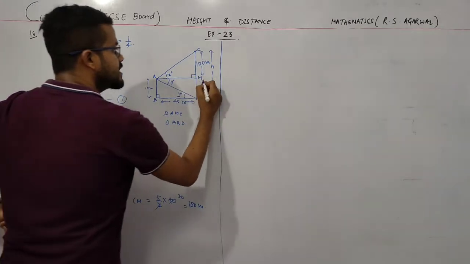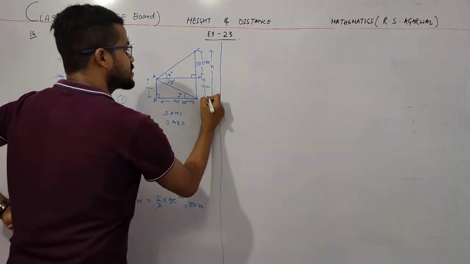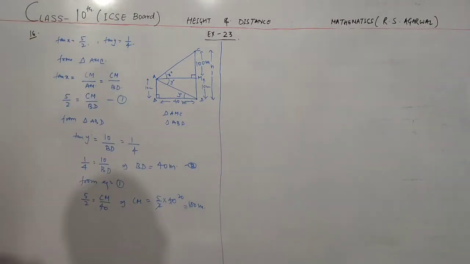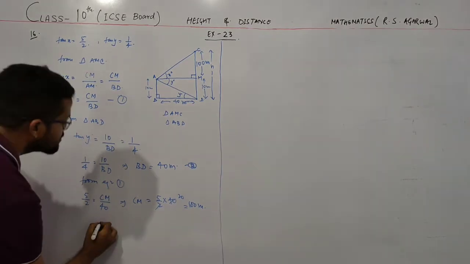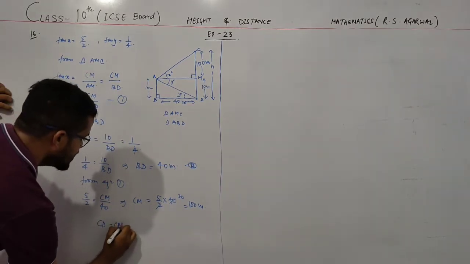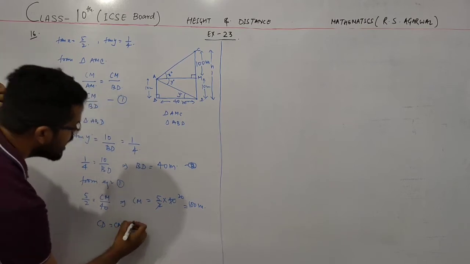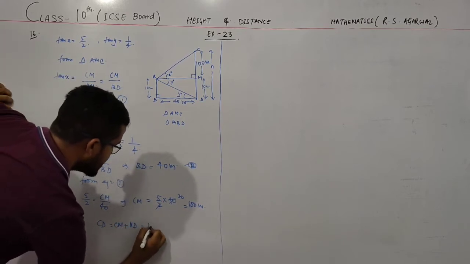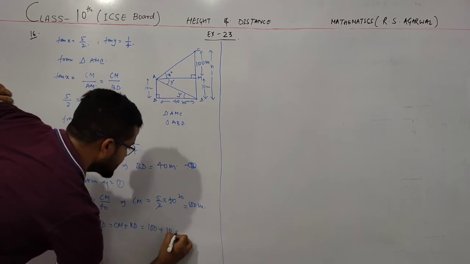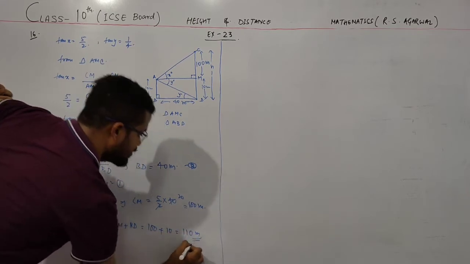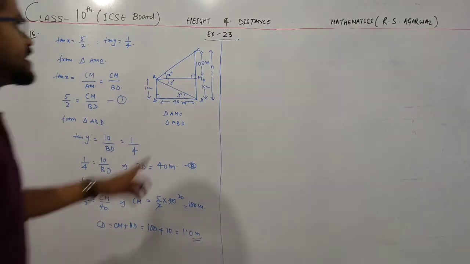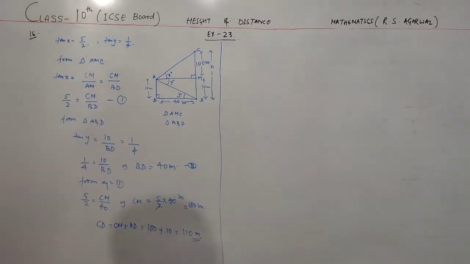If this is 10 meter, this is also 10 meter. So the height of the tower CD is equal to CM plus MD, which is 100 plus 10, so 110 meter. This is the height of the tower. So this is question number 16.